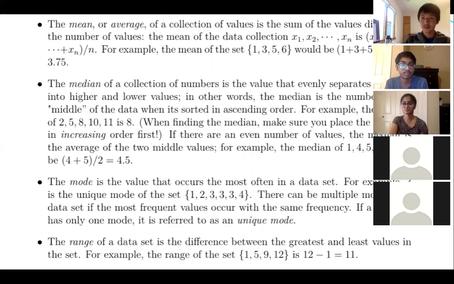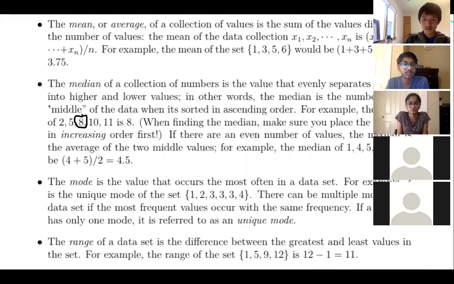there'll just be the basic things like the mean, which is the sum divided by the total number of values in a collection of values. For median, it's the middle number out of all the numbers. So for 2, 5, 8, 10, 11, the middle number is 8.